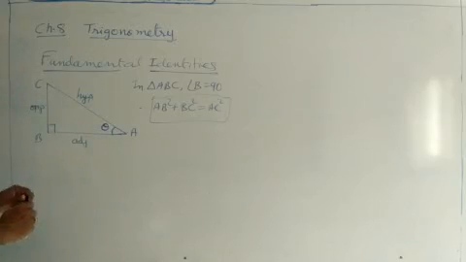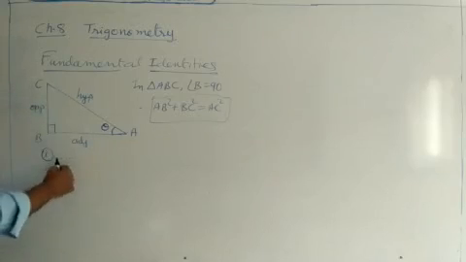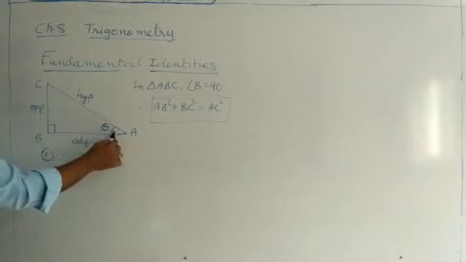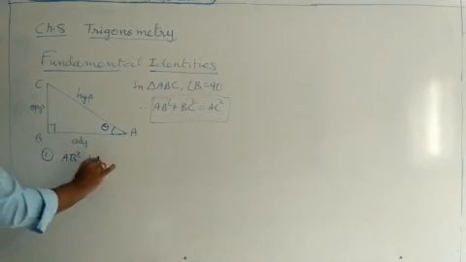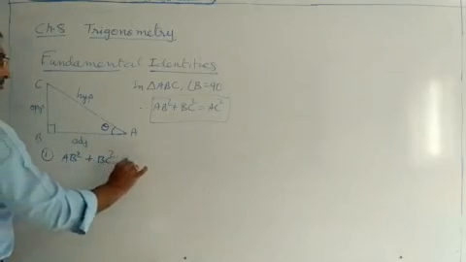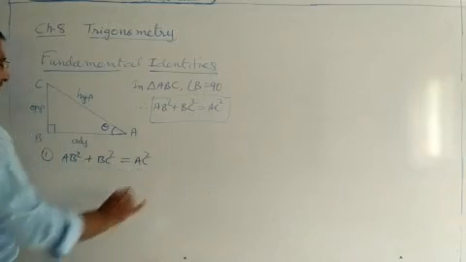So, keeping in mind first identity, here according to Pythagoras theorem, we have seen AB square plus BC square is equal to AC square.